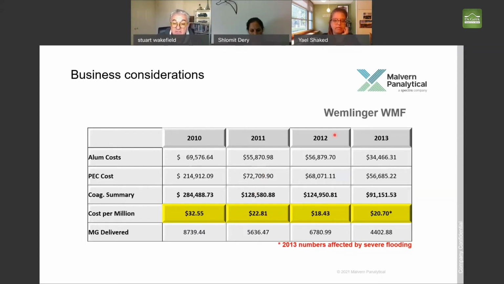In 2012, they implemented the online, and they're able to get the cost down even more. And this is really affected because they're able to do these real-time measurements. They are able to respond so much faster to changes in the plant.